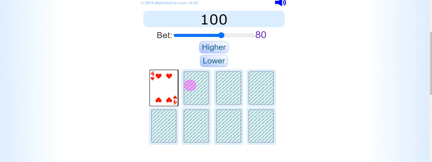If you think the probability of it being higher is really high, you would maybe bet a big amount. If you think it's small because there's not many cards, you wouldn't bet a lot, just in case you get it wrong. And sometimes you'll think, how am I supposed to know? So I'm going to ask you at the end how you make your decisions. All right? Right.